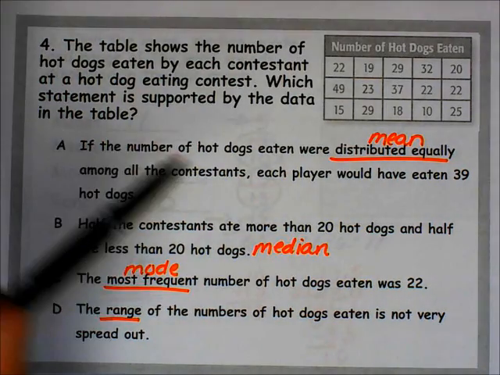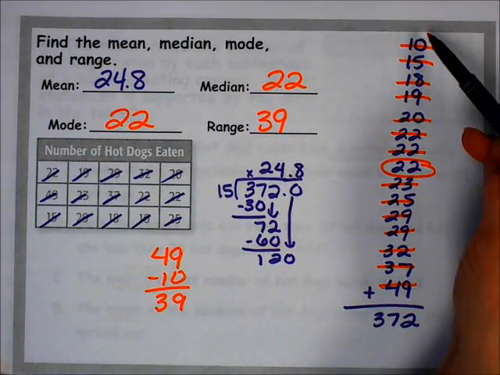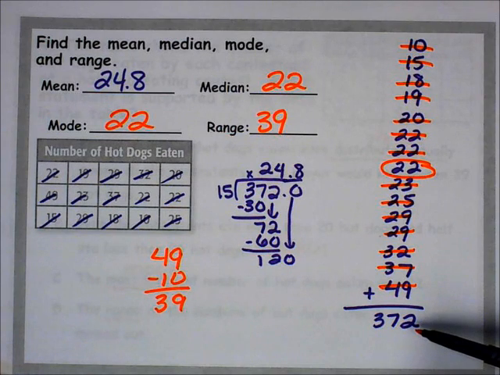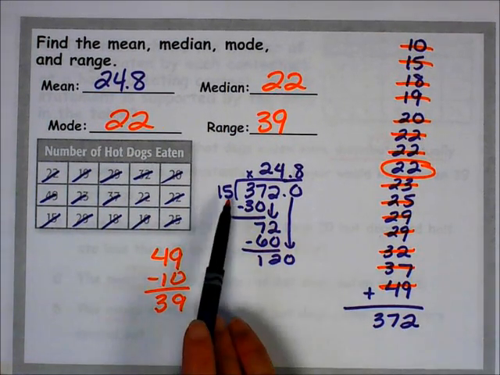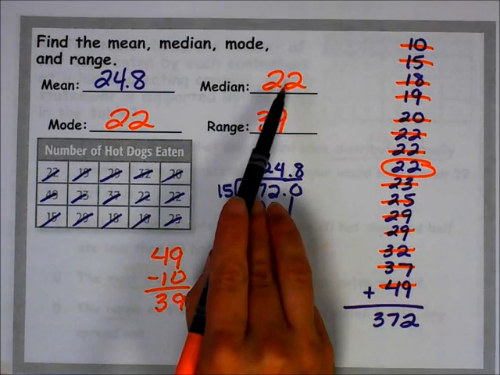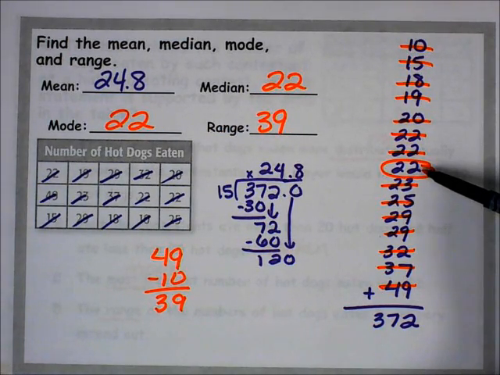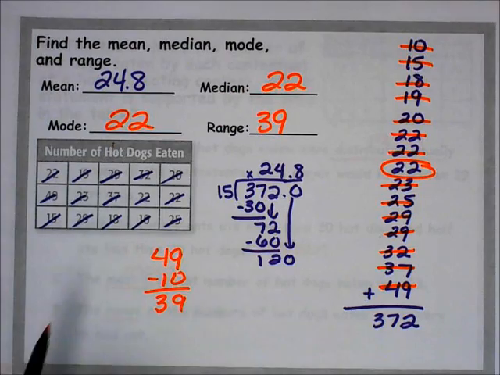Okay, let's check your work. For the mean, when you added all of your numbers together, you should have gotten 372. You had added 15 numbers together, so you had to divide by 15. So for your mean, you should have gotten 24.8. Your median, when you marked off top, bottom, top, should have left you with one number in the middle, which was 22. Your mode, the number that you wrote down the most, was 22.